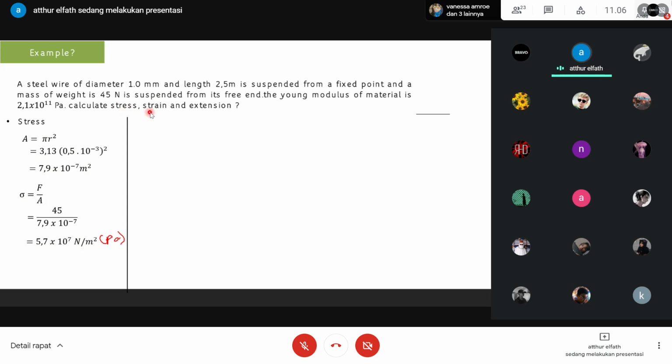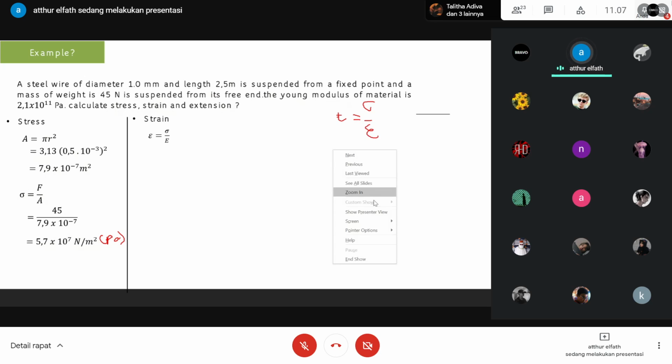And then how about the strain? Yeah, remember from these questions we know about Young modulus, which means the Young modulus formula is, basically, we obtained this formula from this equation. Yeah, remember that the Young modulus is equal to stress divided by strain.